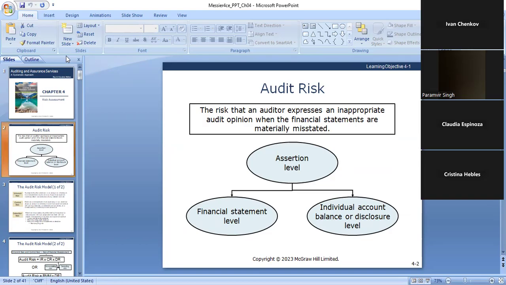Risk is that the auditor expresses an inappropriate audit opinion when the financial statements are materially misstated. That is the audit risk.